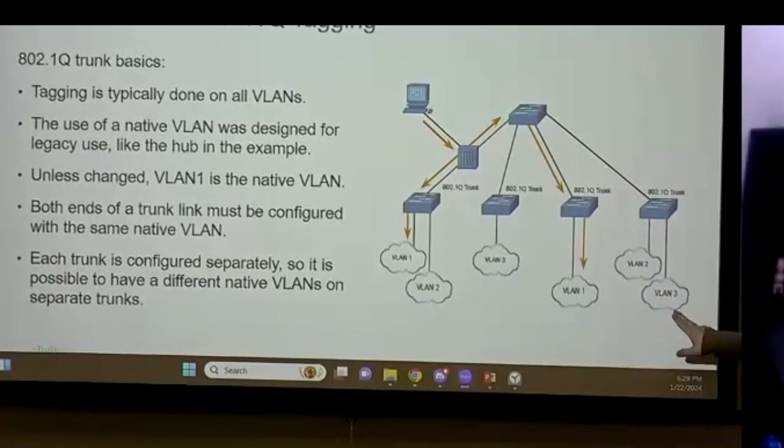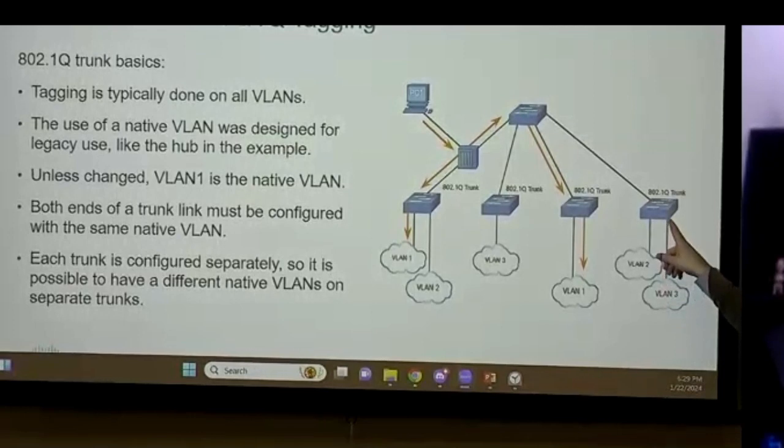So if a device was here in VLAN 3, this port is an access port, VLAN 3. The data gets sent untagged, gets here, it's tagged. And then according to the MAC table of that VLAN, it will try to send it out of the correct port wherever that destination MAC address is.